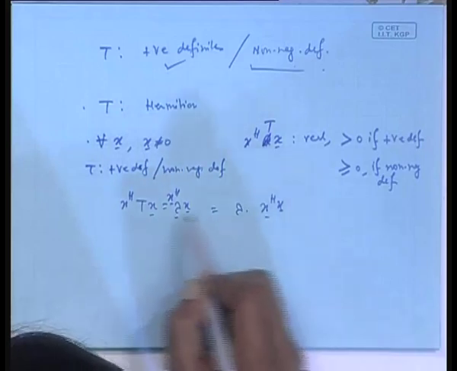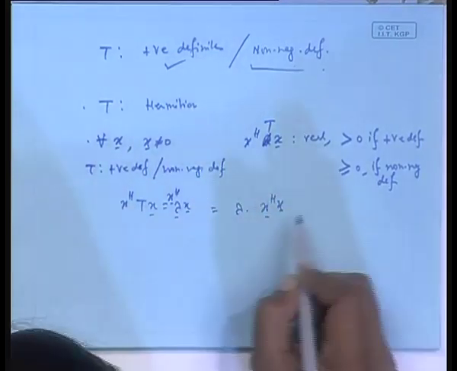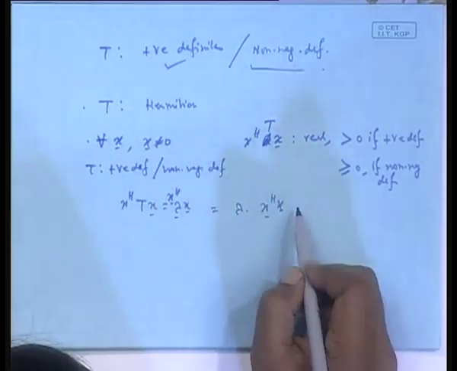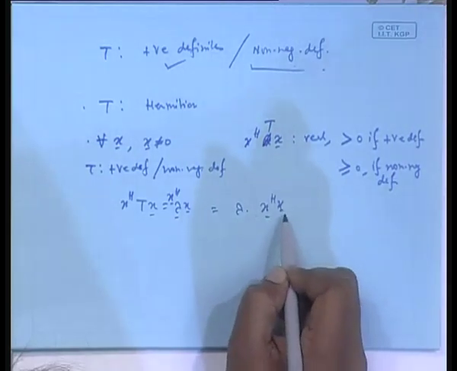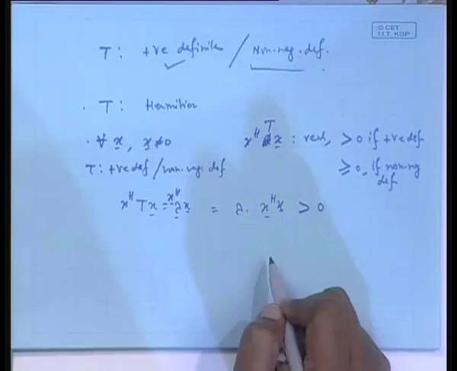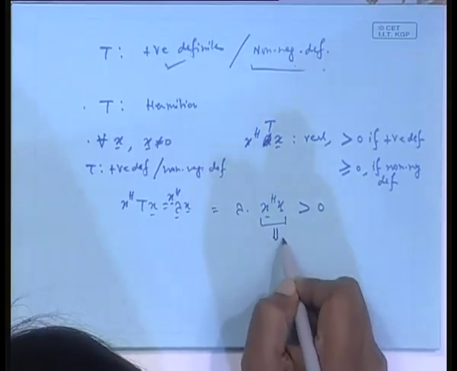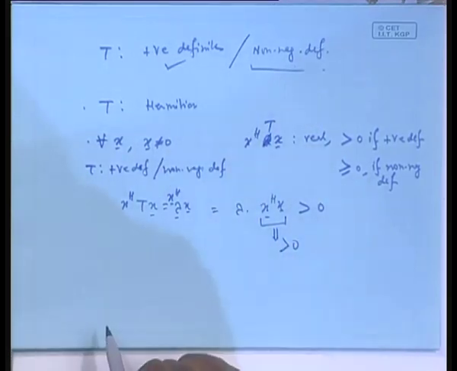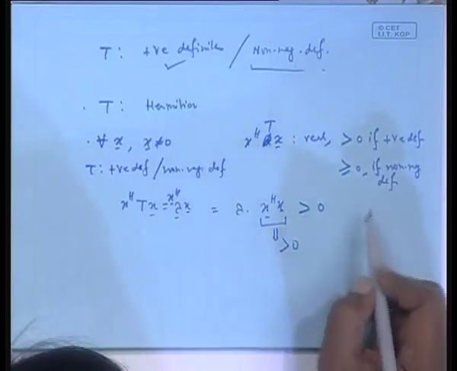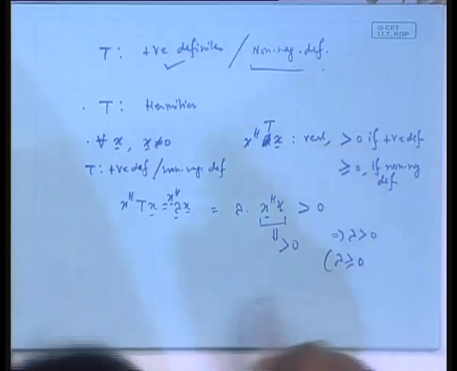On the right-hand side, I get lambda times x Hermitian x, but since T is also positive definite, this entire thing must be real and greater than 0, or greater than or equal to 0. Real it is coming in any case, because the eigenvalue is real, but it must also be positive. Now x Hermitian x is the norm squared, strictly greater than 0. That implies lambda is greater than 0, or lambda is greater than or equal to 0.